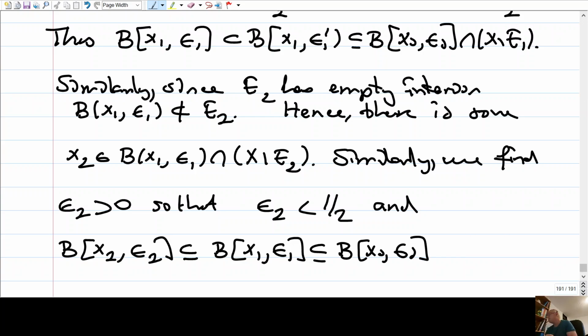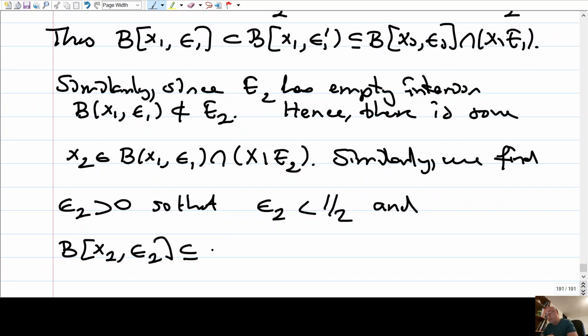Maybe I should be more careful. First we have this lies inside X minus E2, and then B(x1, epsilon 1).